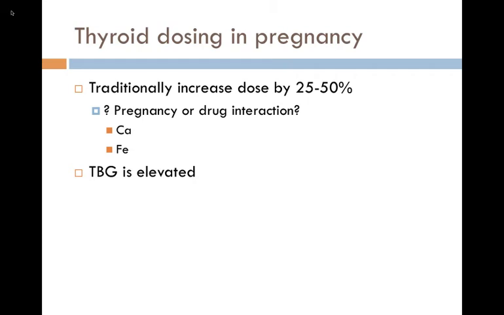So it's really important that we check this with our patients when they become pregnant or even when they're thinking about becoming pregnant so that they get that increase in their thyroid dose. There also could be, obviously we talked about the thyroid binding globulin thing, but many of these patients are also taking calcium or iron, which can also bind the thyroid, decreasing the bioavailability.